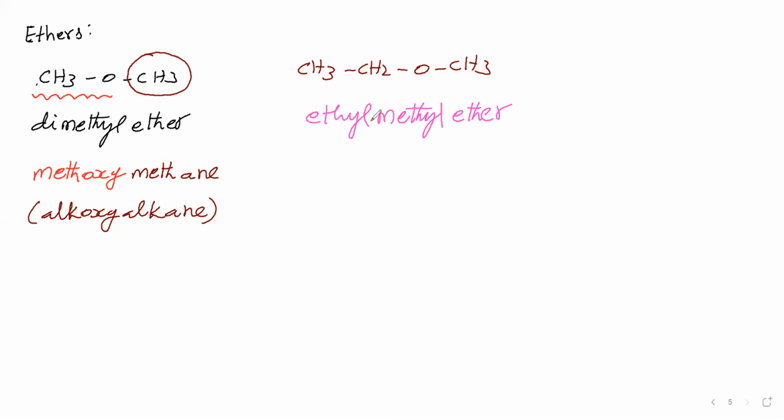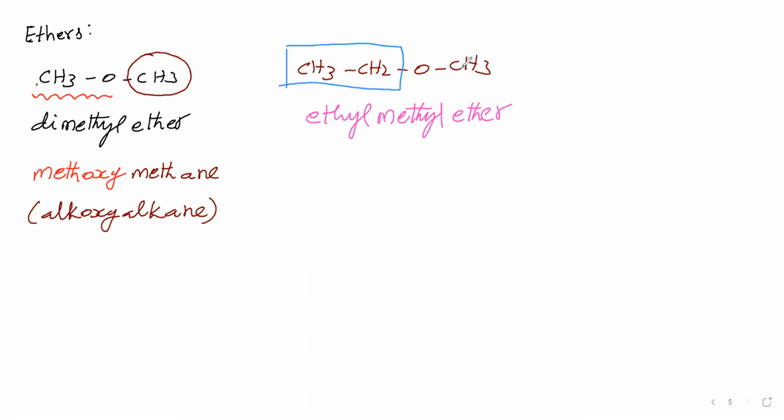Then we will say the IUPAC name. IUPAC name means alkoxyalkane. Alkoxy contains fewer carbons. Alkane means parent chain, that contains more carbons. Here two alkyl groups are there, and this part you have to take as the parent chain, because it contains more carbons when compared to this.